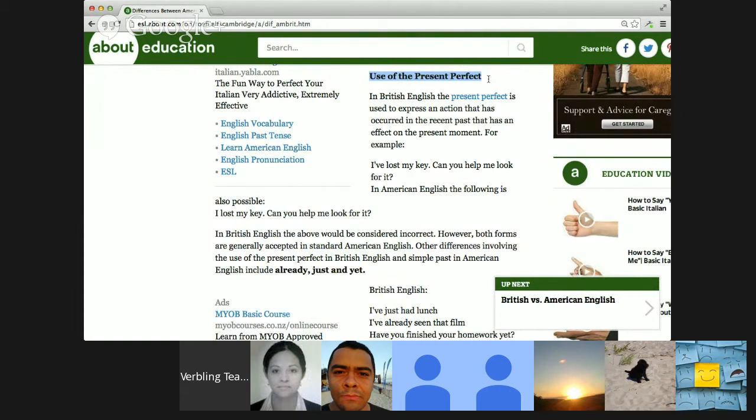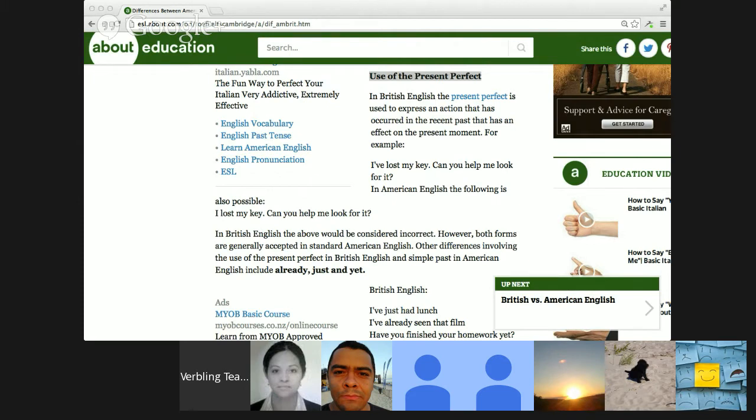In British English, the present perfect is used to express an action that has occurred in the recent past that has an effect on the present moment. For example, I've lost my key. Can you help me look for it? In American English, the following is also possible.